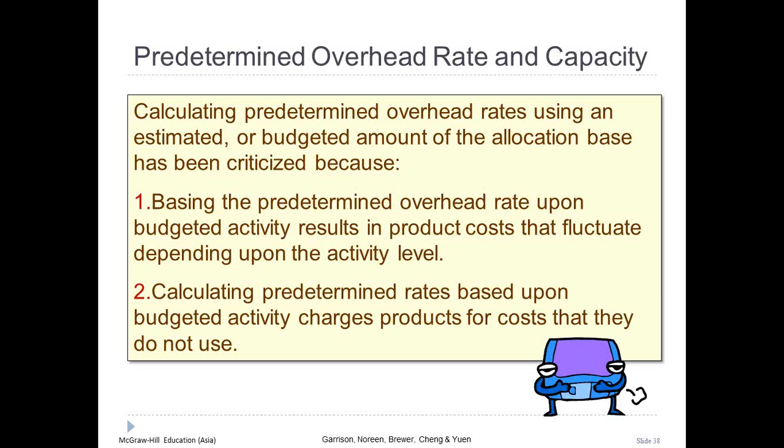The first is that the predetermined rate creates problems when actual levels of activity are different from estimated or budgeted amounts. The second is that in some cases, basing the predetermined overhead rate on estimated amounts charges products for costs that they do not use.